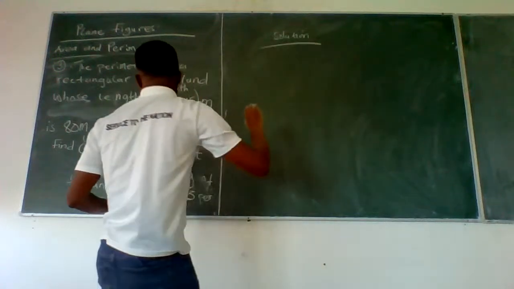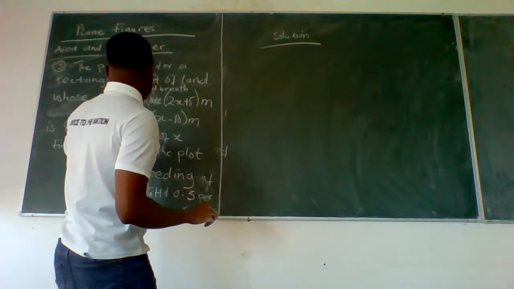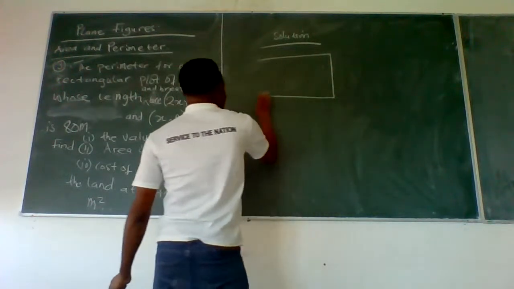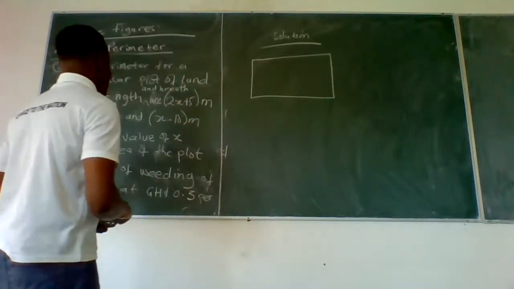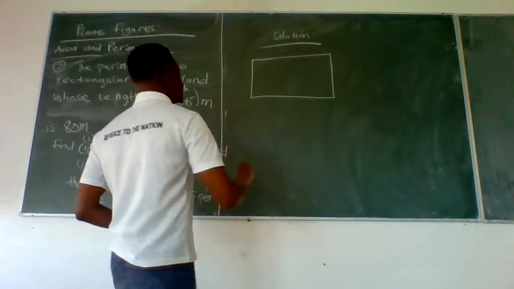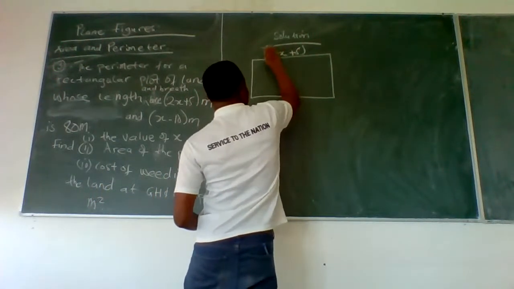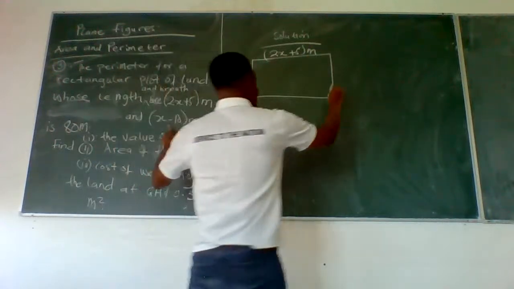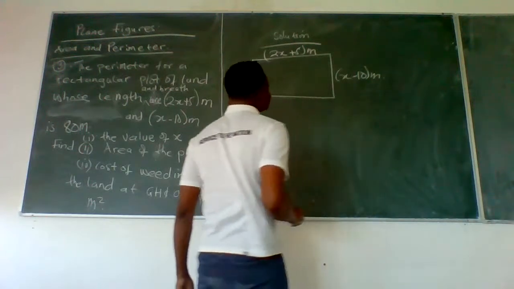Just come up with our key thing. So first of all, the plot of land is what? Rectangular. So you can just draw something like this. Let's assume that this is our land and it's rectangular. And then the length is what? 2x plus 5 meters, with the width or the breadth being x minus 10 meters.